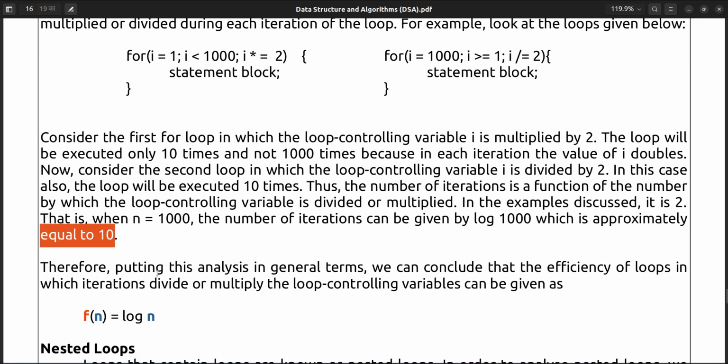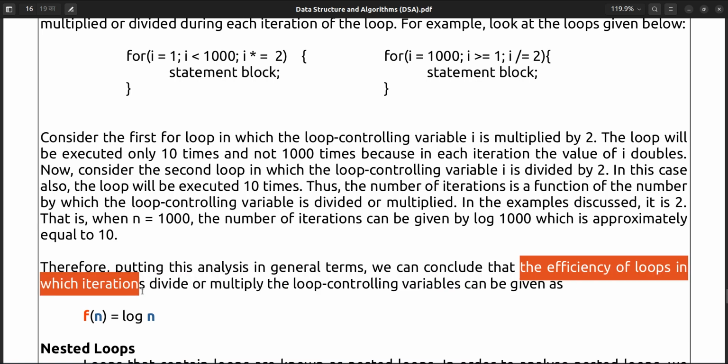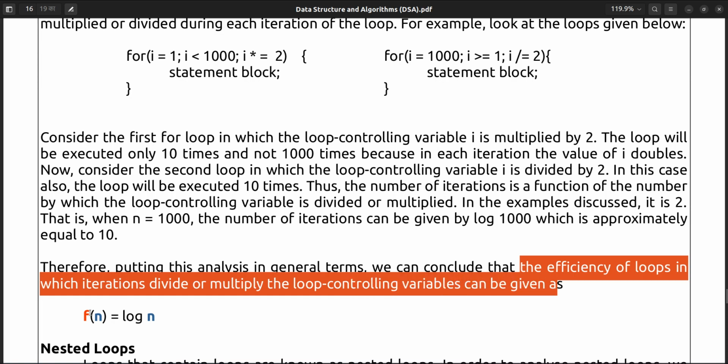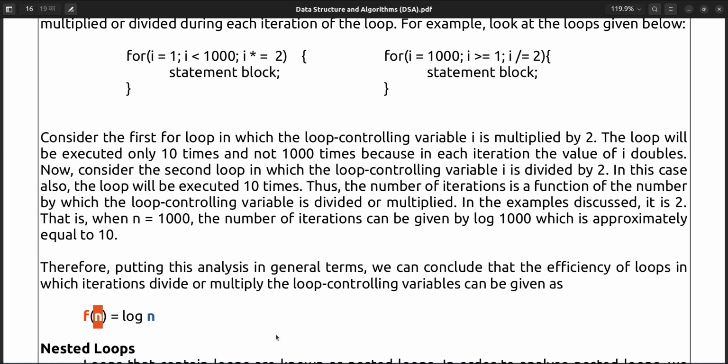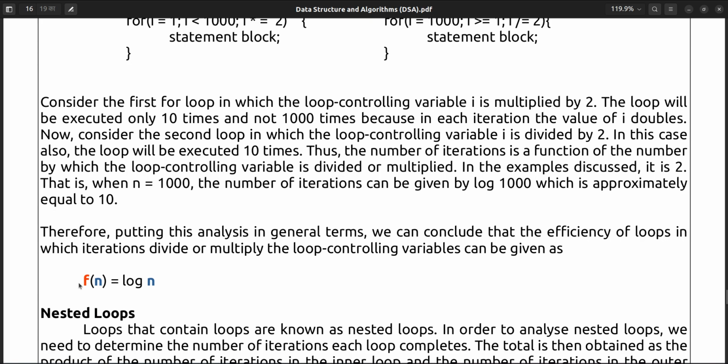Therefore, putting this analysis in general terms, we can conclude that the efficiency of a loop in which the loop controlling variable is divided or multiplied can be given as a function of log n. Here n is the number of iterations. So the complexity or the efficiency can be defined as f(n) = log n.